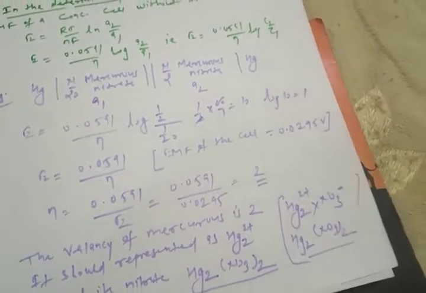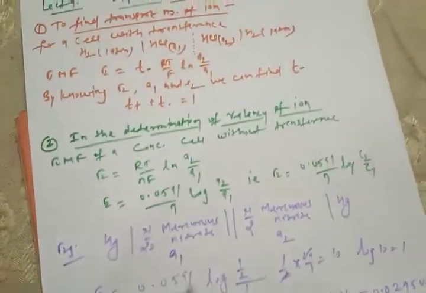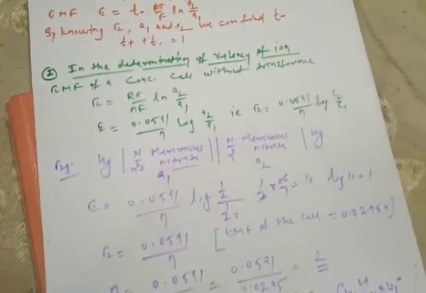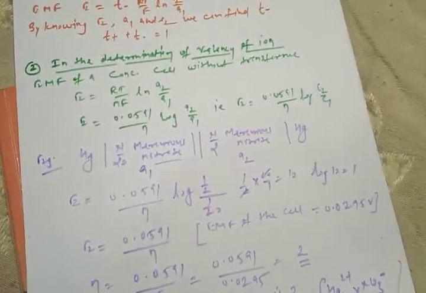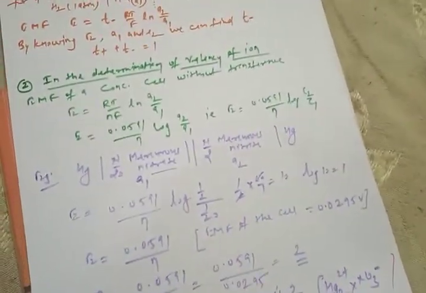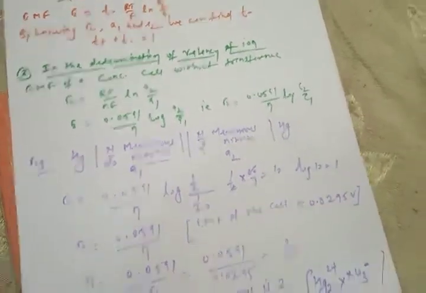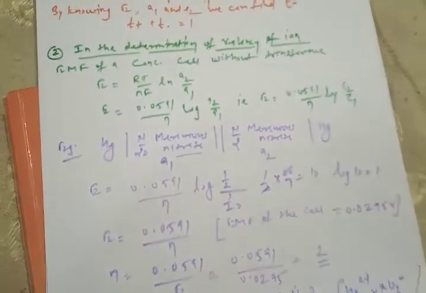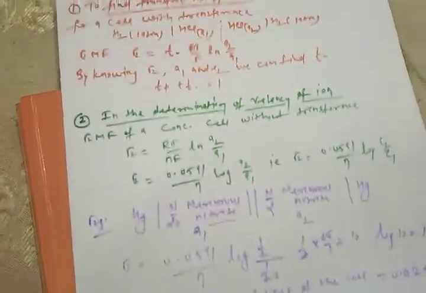This is the formula of mercurous nitrate. This is what I asked you: what is the formula of mercurous nitrate. Every time the students get confused whether it is HgNO2 or Hg2NO2. Like in the case of mercurous chloride also, what do you write? Hg2Cl2. So there again the n is +2.